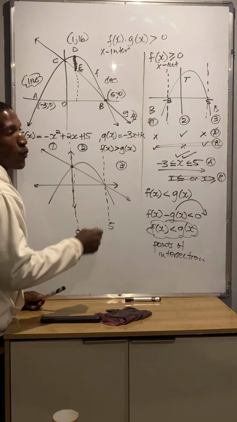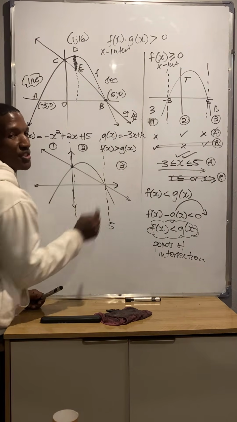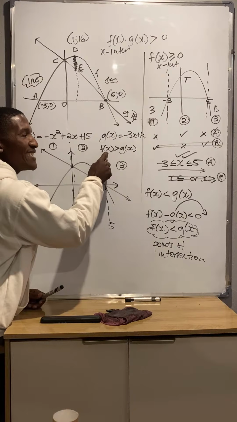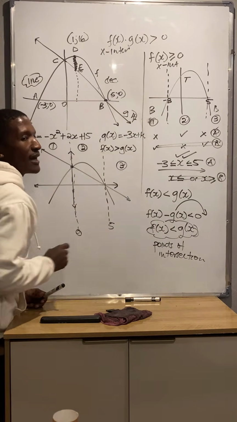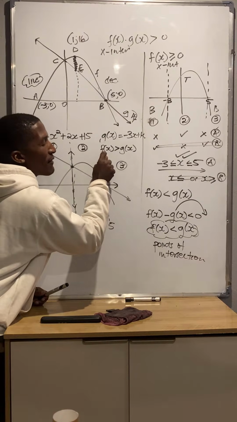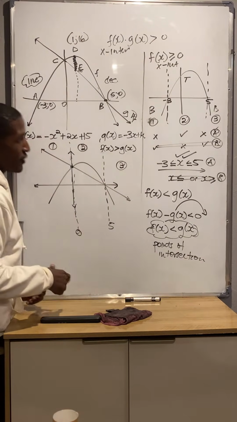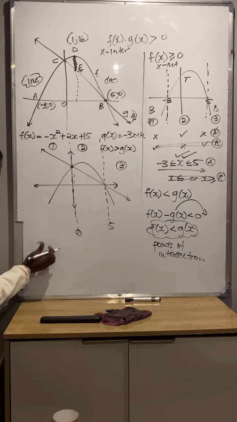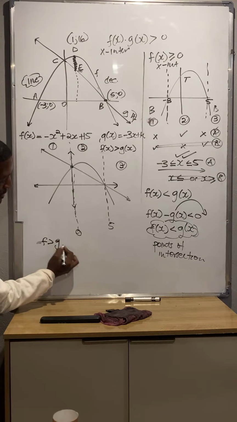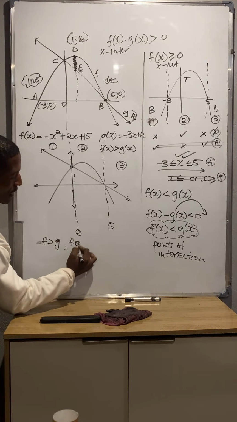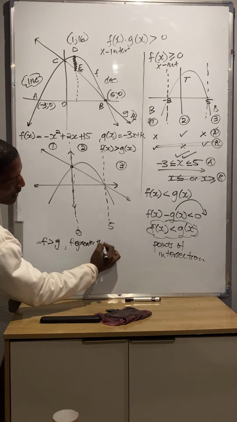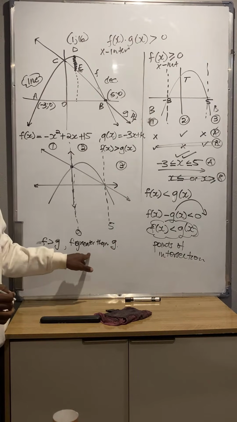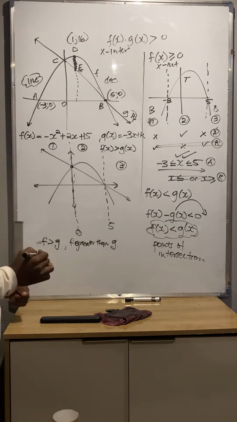Family, in this situation, we want where F is greater than G. I repeat, we want F to be greater than G. Now, when we want F greater than G, what does it mean, family?